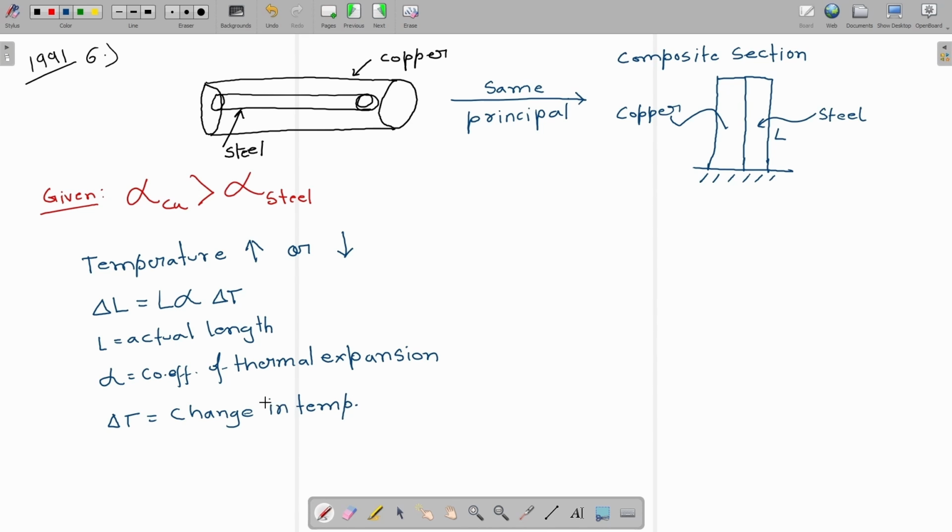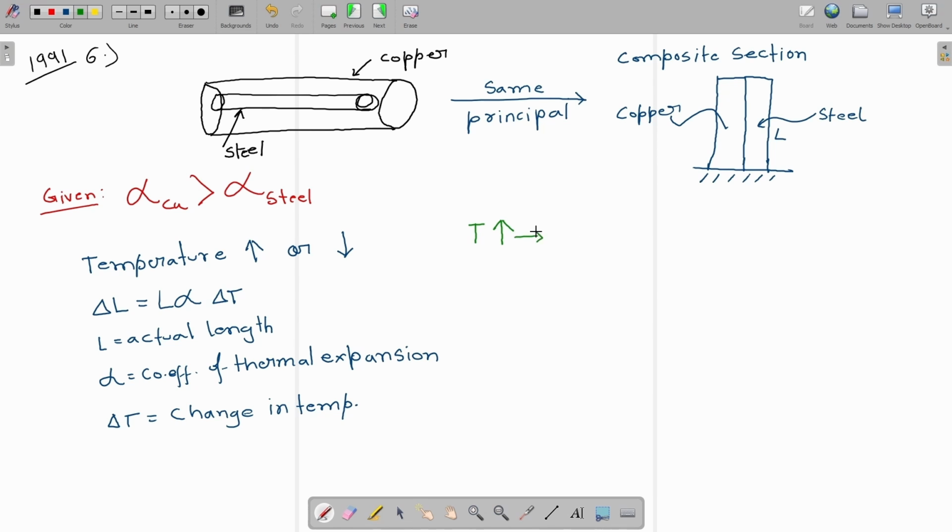Change in temperature. We are actually changing the temperature to 20 degrees Celsius. So when the temperature is increasing, here it says the temperature has been increased. Okay, when the temperature is increasing, what is happening?